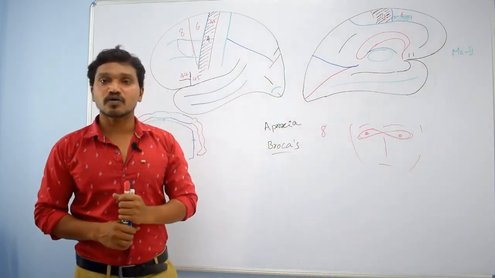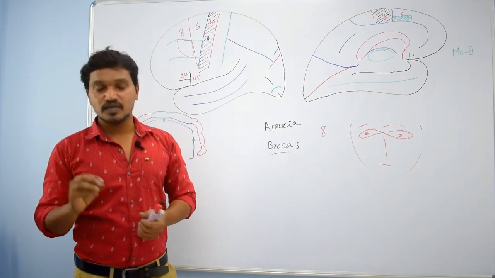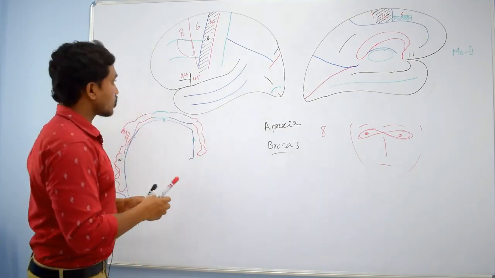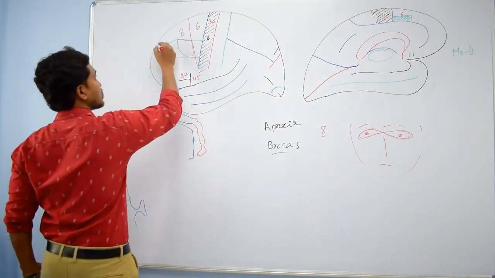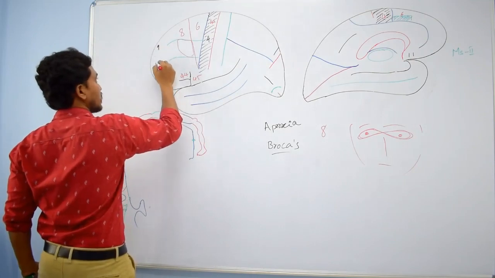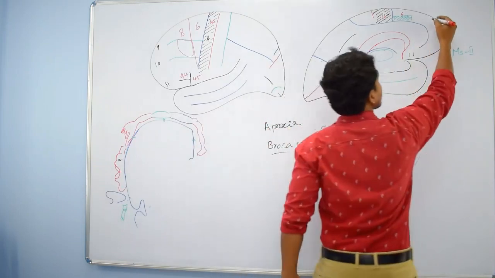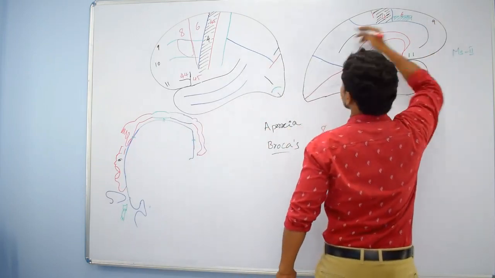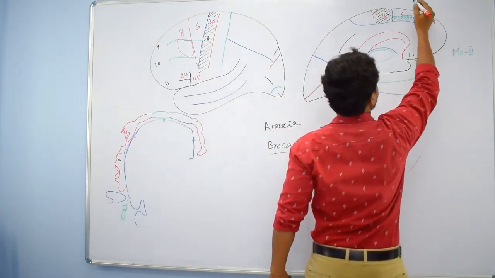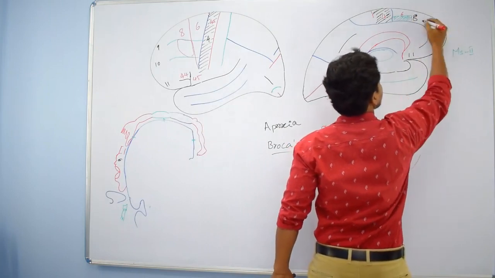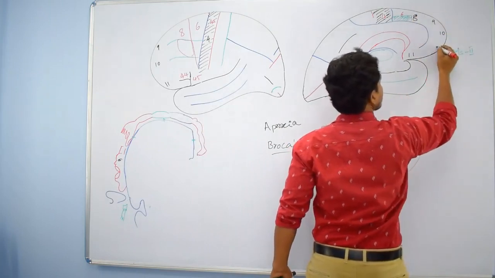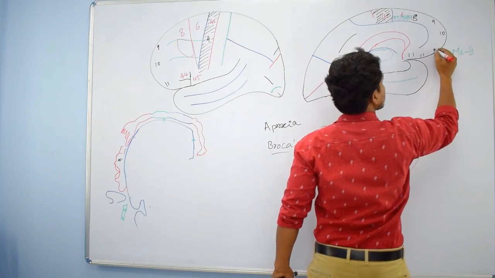These regions we call the prefrontal cortex. For that, Brodmann gave area numbers 9, 10, 11 here, then here 9. Of course, I didn't write 8 here, it will be 8 here. 8, 9, 10, 11, 12.